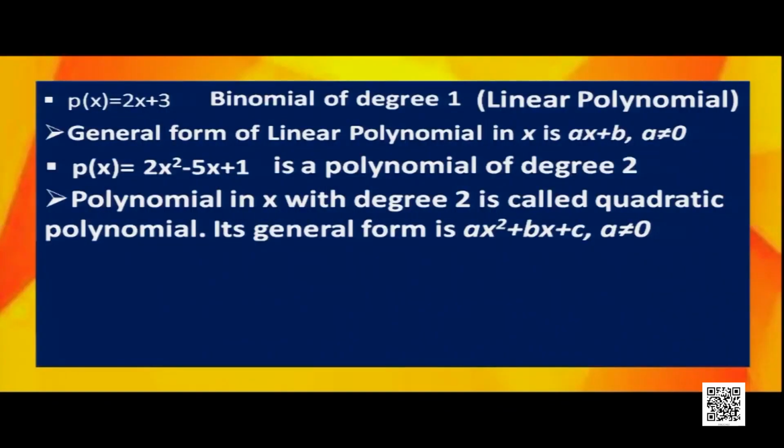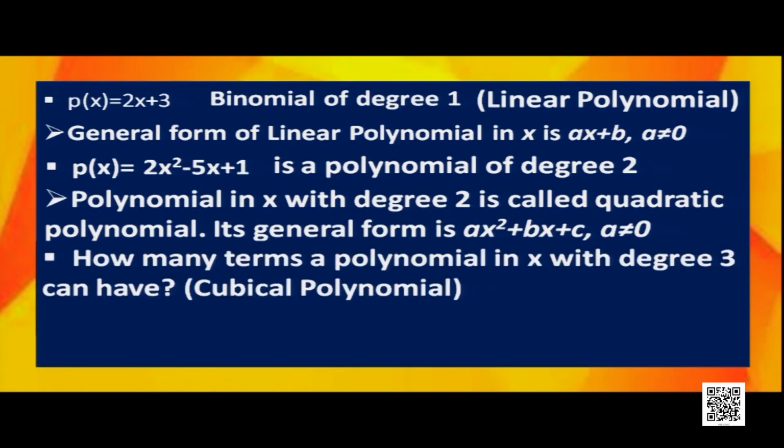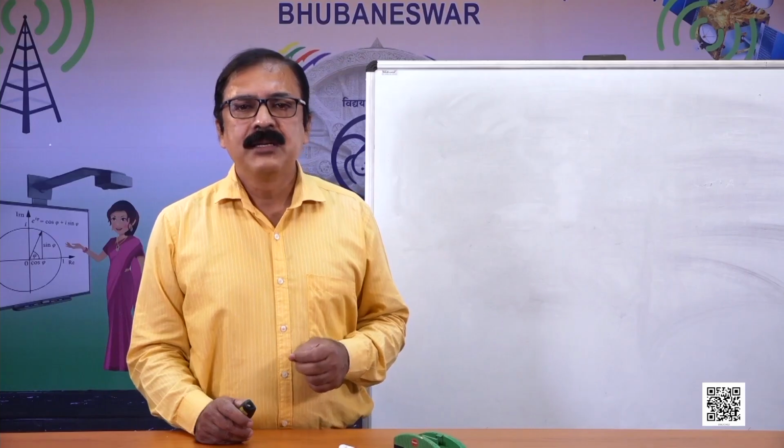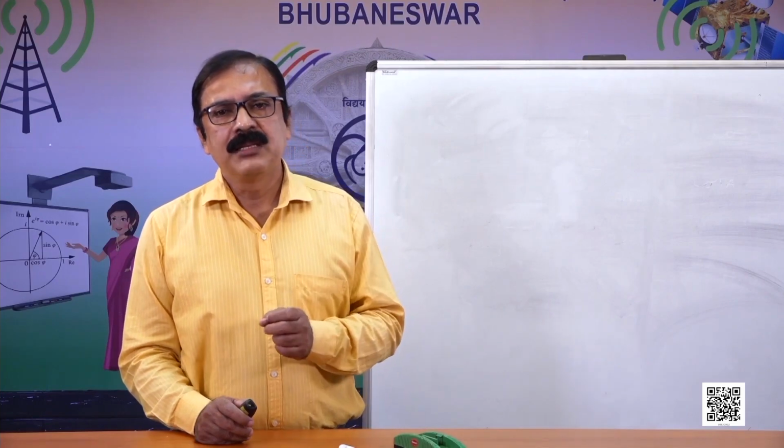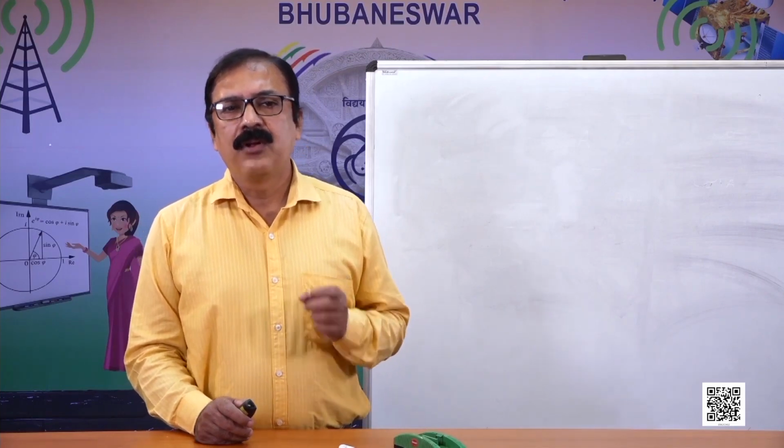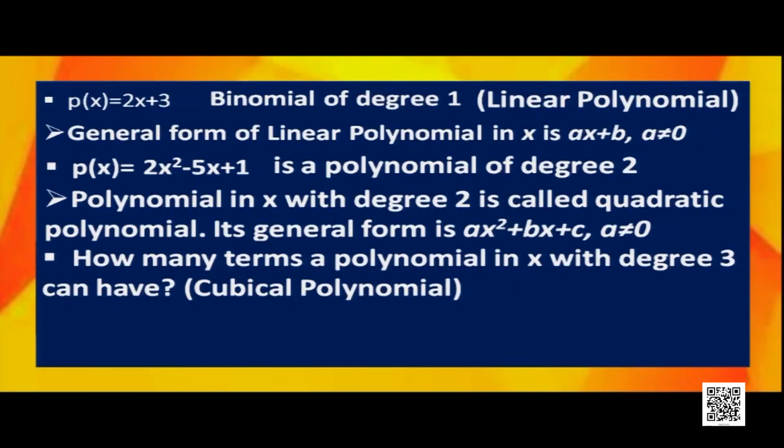Now by studying these two, we can say how many terms a polynomial in x with degree 3 can have. If the degree of the polynomial is 3, then the polynomial is called a cubic polynomial.